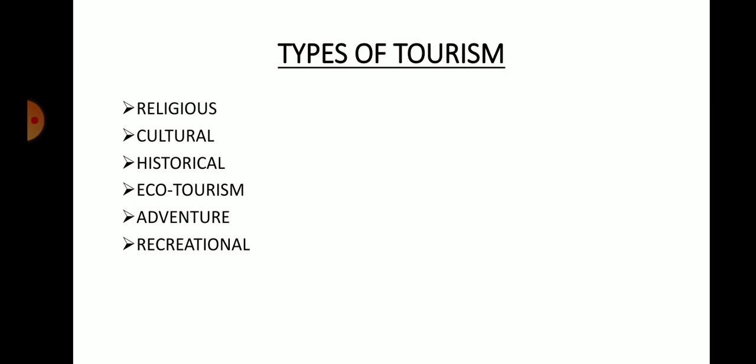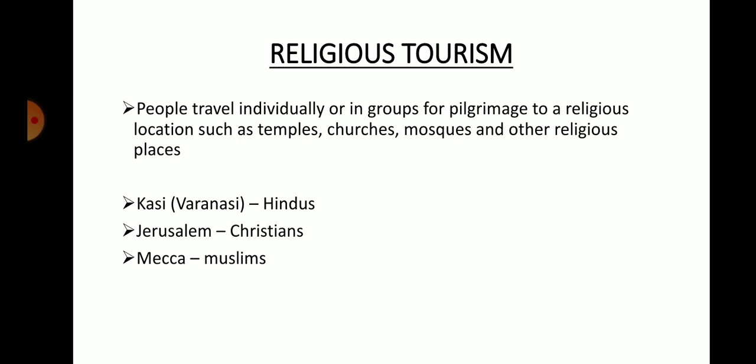There are six types of tourism: religious, cultural, historical, ecotourism, adventure, and recreational tourism. What is religious tourism? Individually or with a group, if you travel to a holy place, it is called religious tourism.